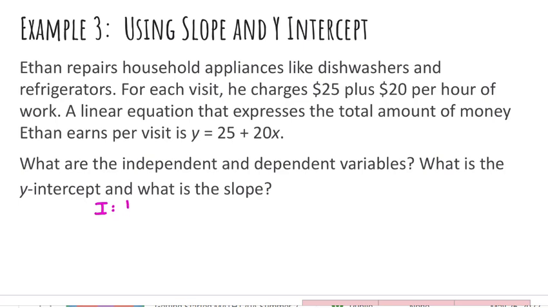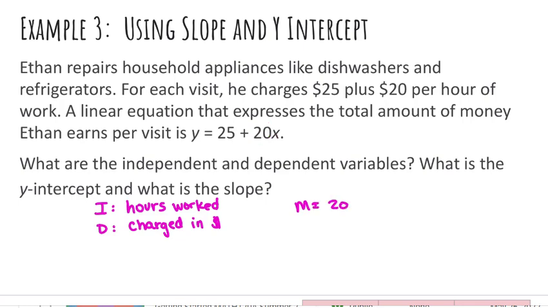And in this case, it is the number of hours worked. And then your dependent variable is usually your y. In this case, it's the amount charged, and it's in dollars. So our slope is usually the number in front of x. So that's 20.